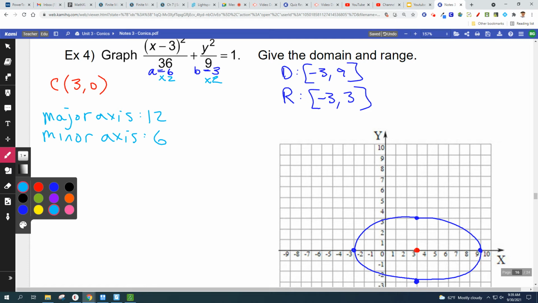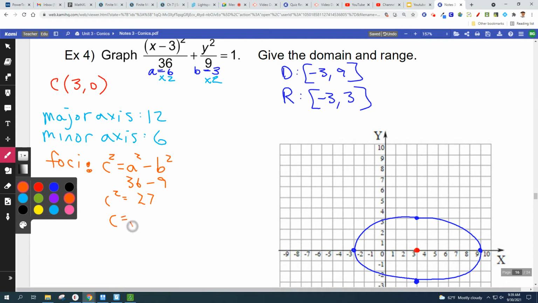Okay. The other thing that they might ask is something about the foci. If you're talking about the foci, you're talking about this: c squared equals a squared minus b squared. And so a squared was 36 and b squared was 9. Subtract there is 27.